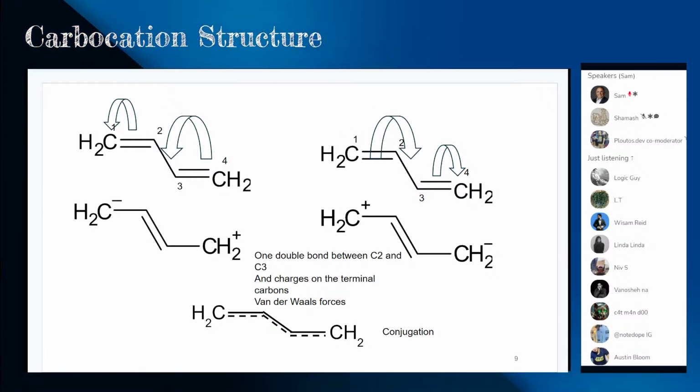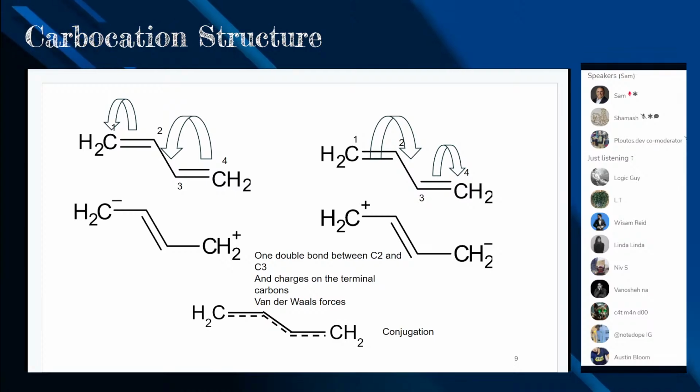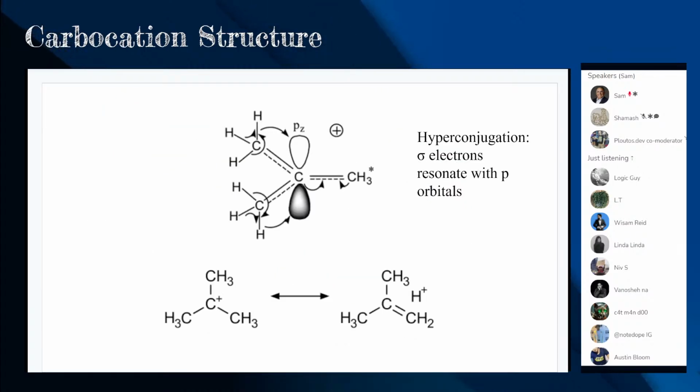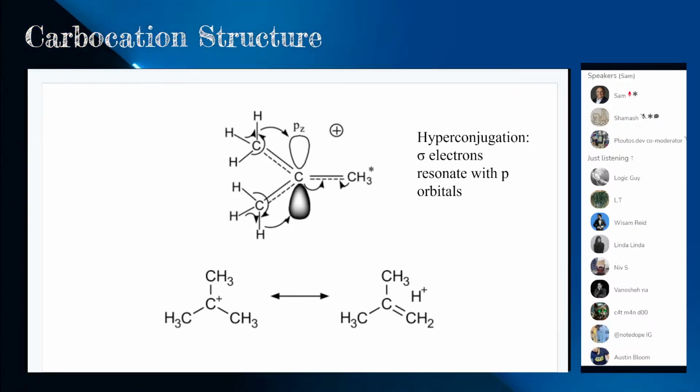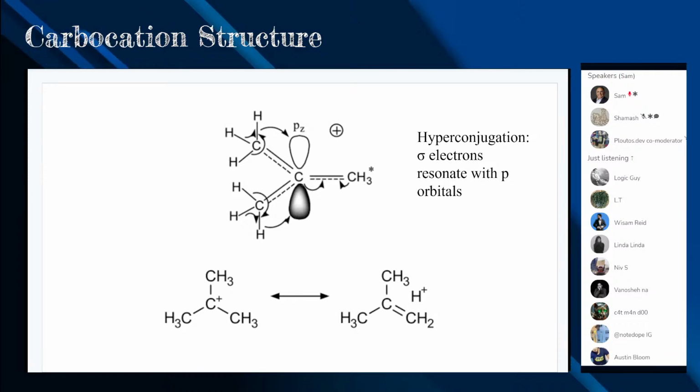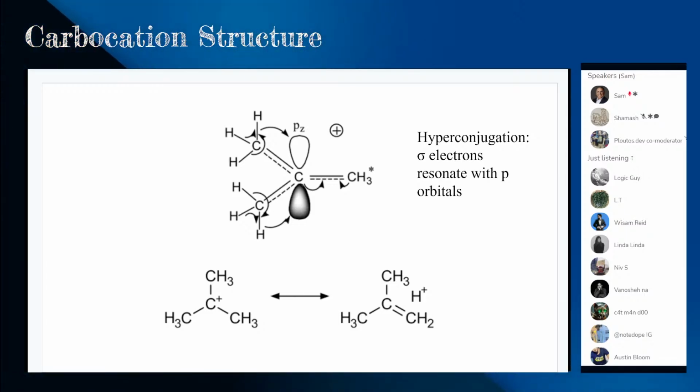So why am I talking about this? It's because resonance doesn't have to happen between double bonds and atoms that all have free p orbitals. So if we look at slide 11, we see that the carbon-hydrogen sigma bond of one of the methyl groups of the t-butyl cation can overlap with the p orbital of the central carbon.